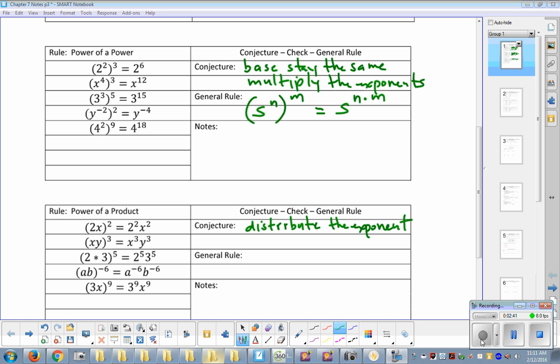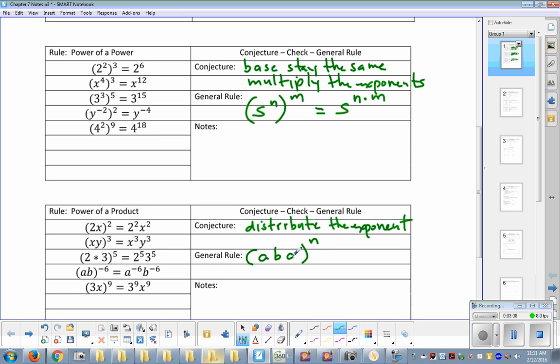The general rule here: if I have expressions inside the parentheses and I have an exponent, we can distribute our exponent to the exponents of the expressions inside the parentheses.